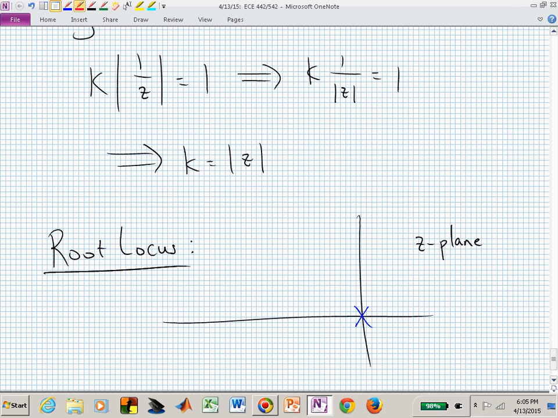We just have one of those, and that's the leftmost piece, isn't it? And you could look at any point in the negative real line, and it will have an angle based on that single pole of 180, which you subtract the angles of the poles, and that will give you minus 180.